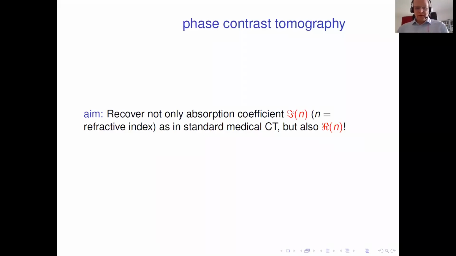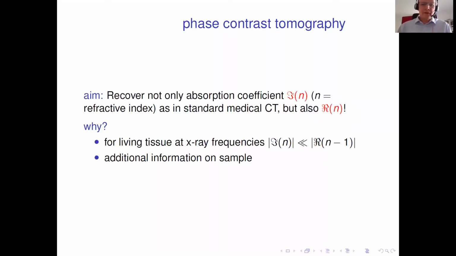Okay, the basic aim of phase contrast tomography is to image not the absorption coefficient, which is the imaginary part of the refractive index as in standard CT, but the real part of the refractive index. And why should we do that?